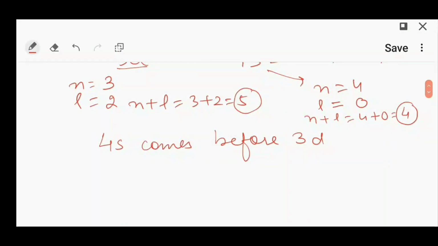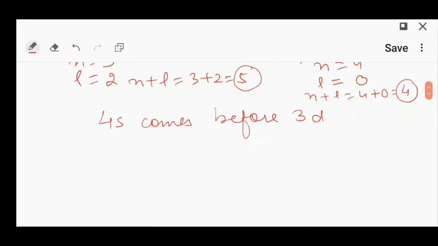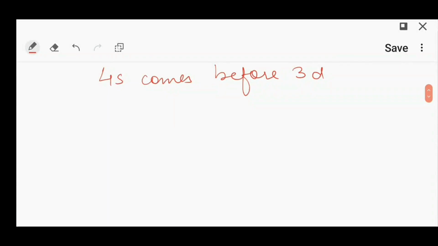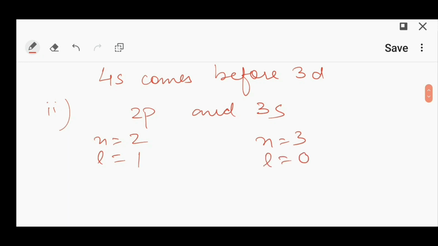What happens when both orbitals have the same n plus l value? For example, we are going to take the example of 2p and 3s. For 2p, n is equal to 2 and l is equal to 1. For 3s, n is equal to 3 and l is equal to 0.